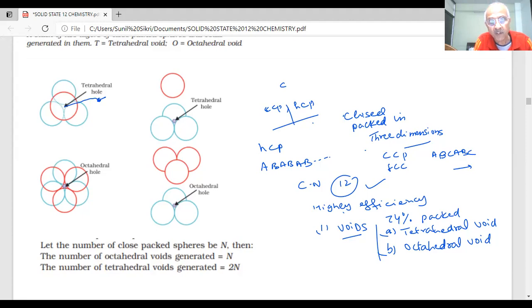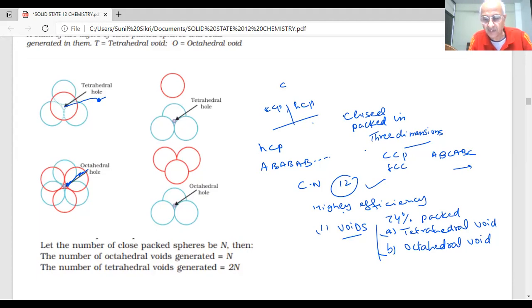If I put this together, you will see this type of hole, which is called an octahedral hole. The octahedral hole is bigger than the tetrahedral hole, because of how they are formed.